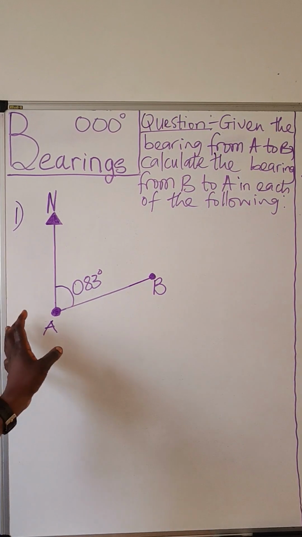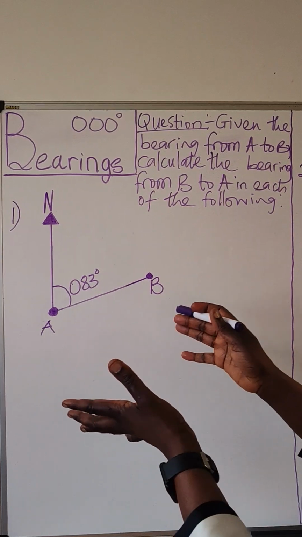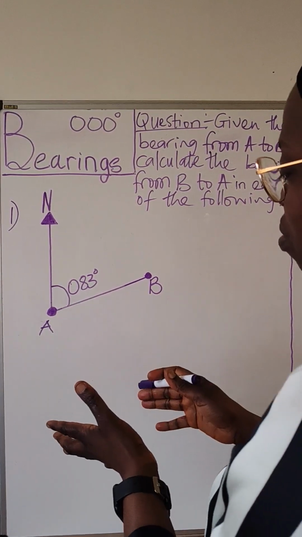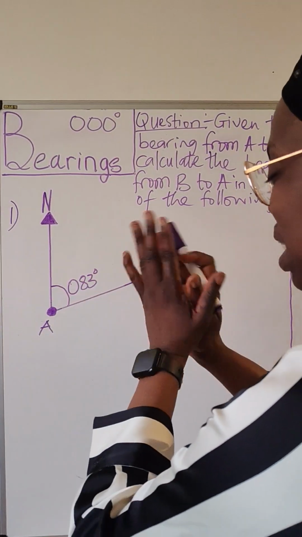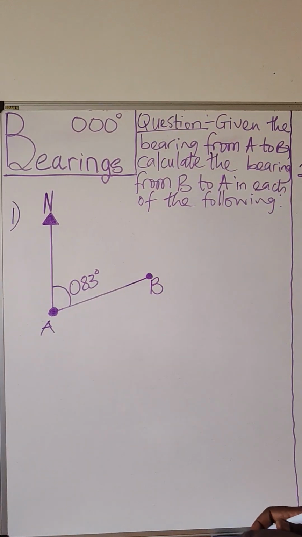This is the first one, and we can see that the bearing from point A to B is 83 degrees.